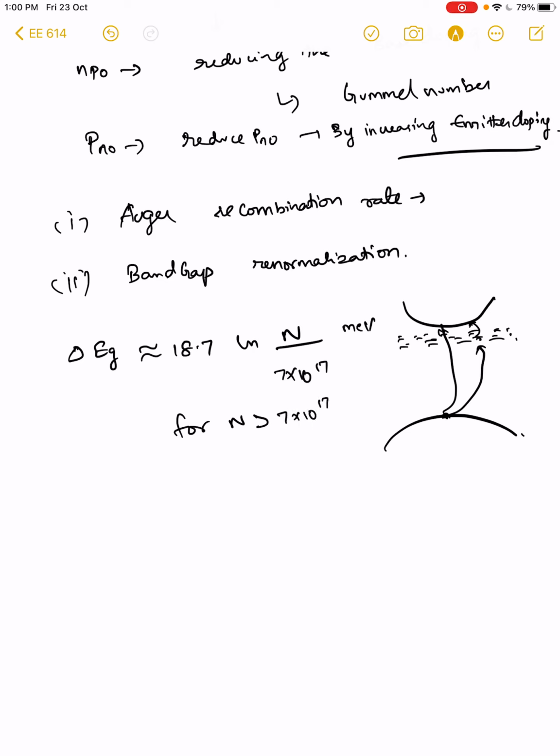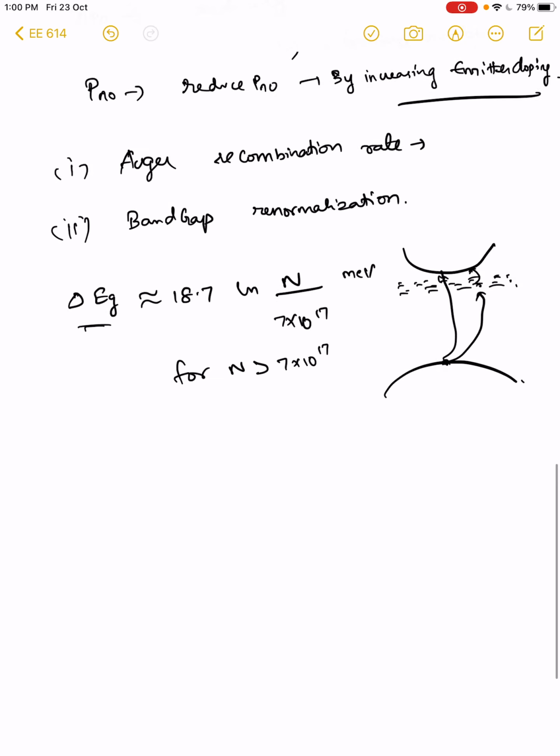This is some empirical equation, which says that as I increase the doping density more and more, higher than 10 to the power 17 per centimeter cube, I'll start having a band gap which will start to reduce, right?